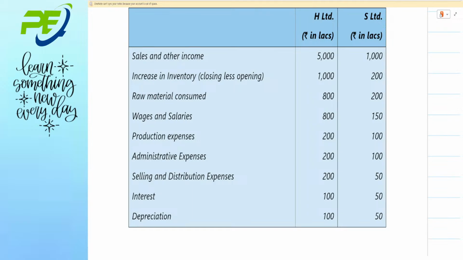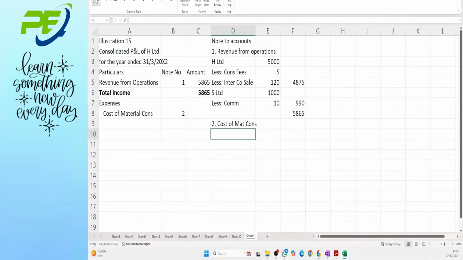Cost of material consumed. Very good. Production expense will be added. Again, production expenses is part of material consumed. कैसे भैया? Direct expense.